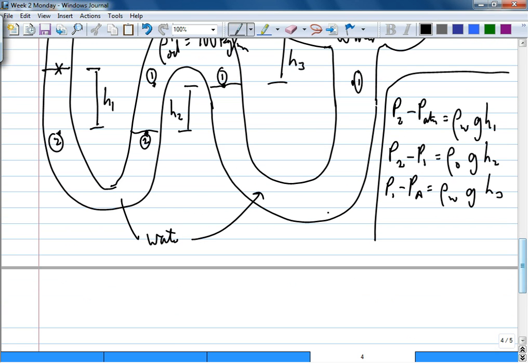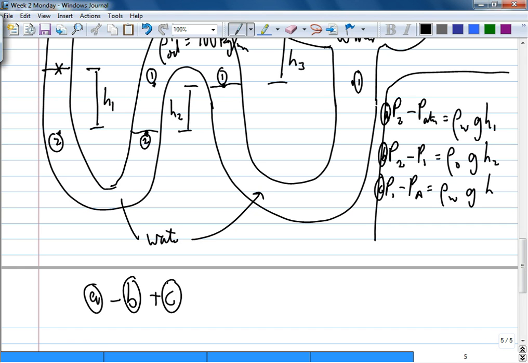Okay, I don't want 1 and 2, I just want PA and P atmosphere. How to do it? So I call this equation A, I call this equation B, I call this equation C. Alright, can I say A minus B plus C?